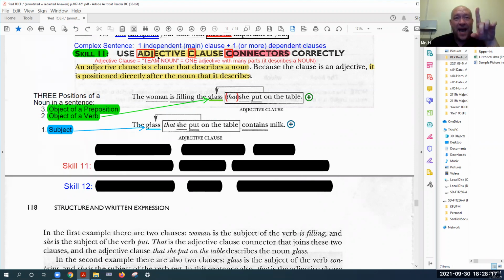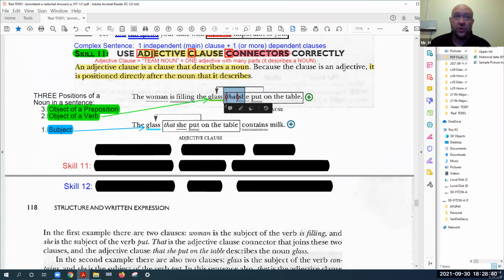Okay, now, before we continue, I do want to mention something. You see up here in this example, that she put on the table? Skill 11 has a special rule.